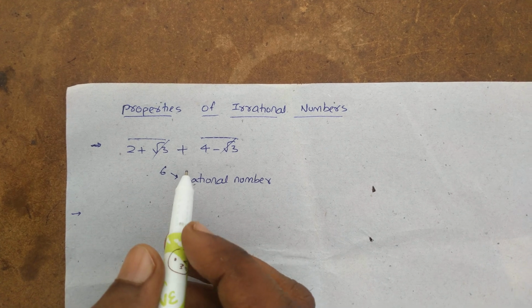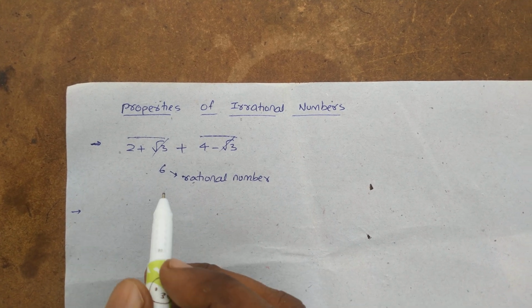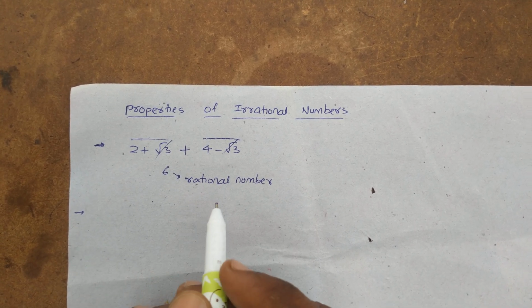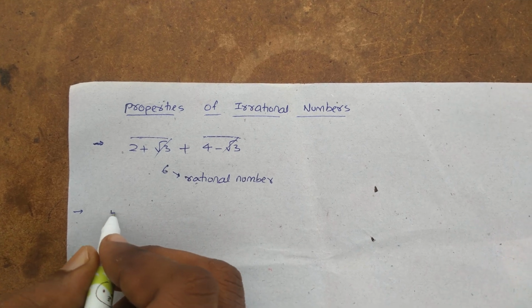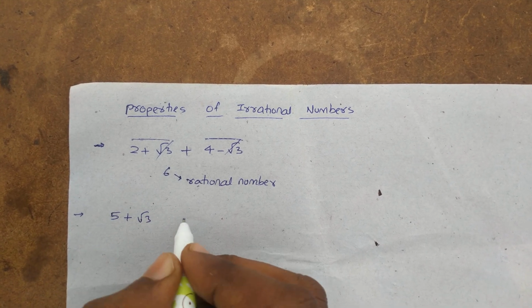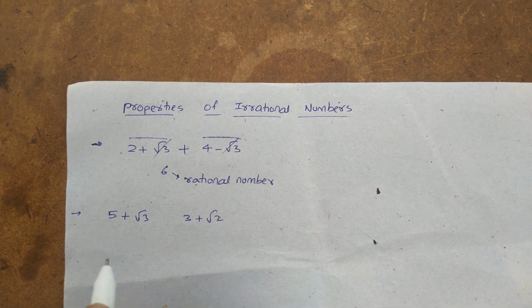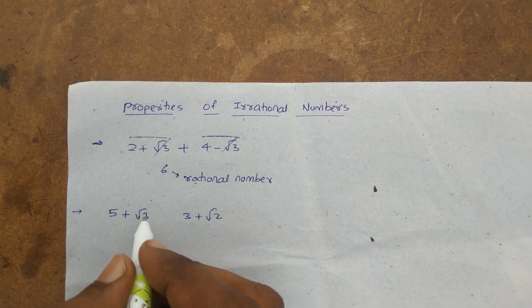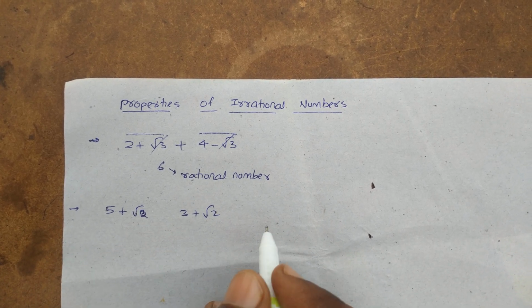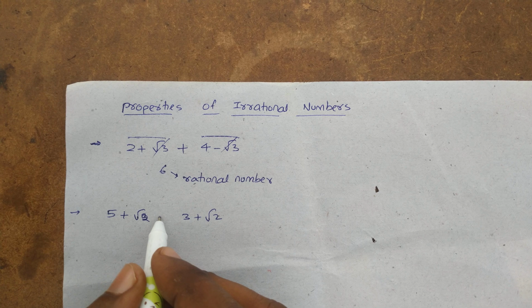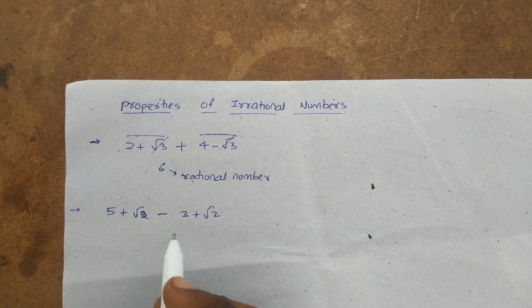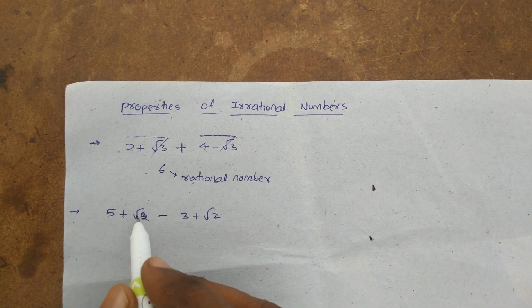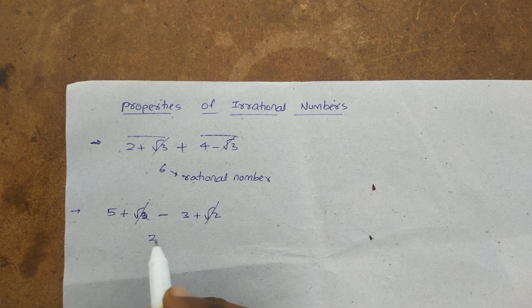Similarly, if you take the difference of two irrational numbers, you may get a rational number. Suppose I take one example: 5 plus root 2 and 3 plus root 2. If you do subtraction, what are you going to get? 2.